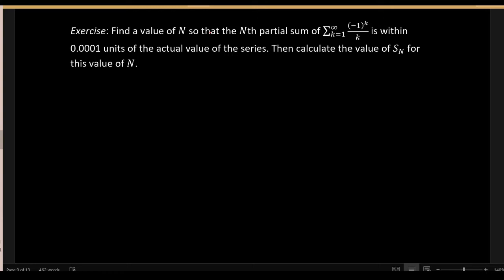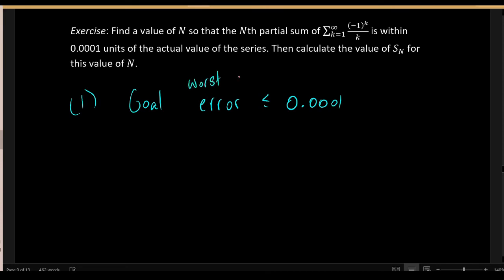There are two parts. The first thing that we want to do is figure out a value of n so that the nth partial sum is no more than 0.0001 units away from the series' actual value. So for part 1, the goal is to have the error less than or equal to 0.0001, and in particular, the worst case error.